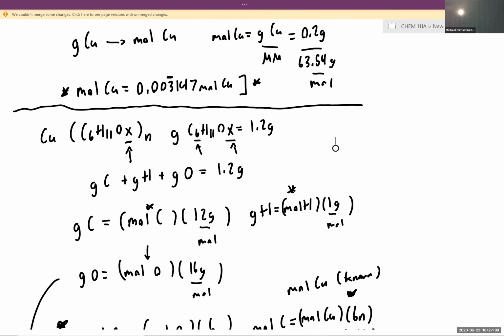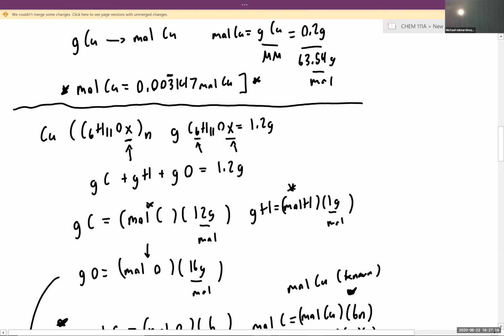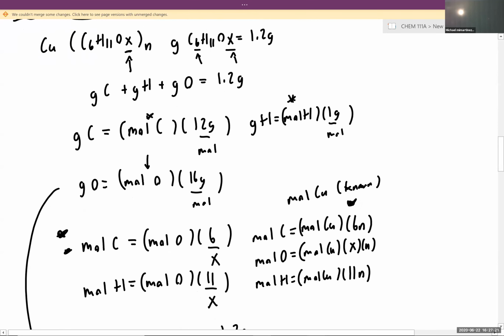So we know, looking at the formula for gluconate, that the total mass of all of our elements is equal to the mass of gluconate. Wonderful. Now what we can do is write the mass of each of our elements in terms of the moles. This is a mass to mole conversion, just multiplying by the molar mass.